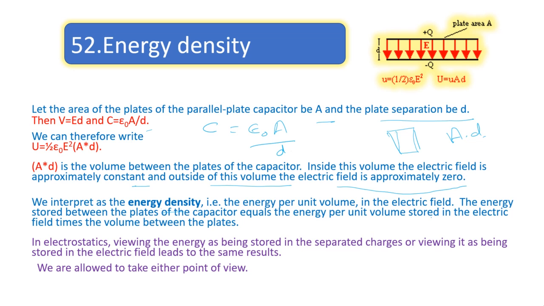The energy stored between the plates of the capacitor equals the energy per unit volume stored in the electric field times the volume between the plates. In electrostatics, viewing the energy as being stored in the separated charges or viewing it as being stored in the electric field leads to the same results.